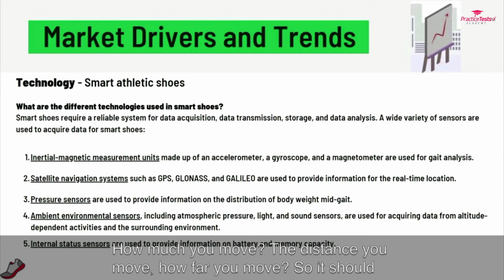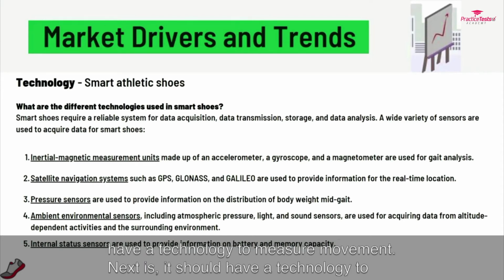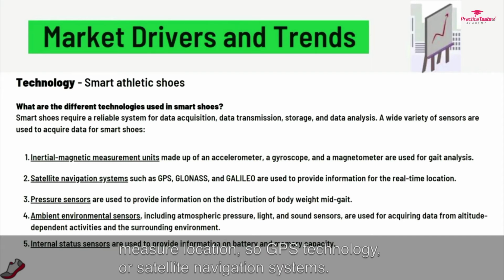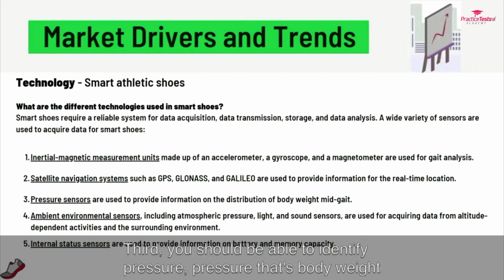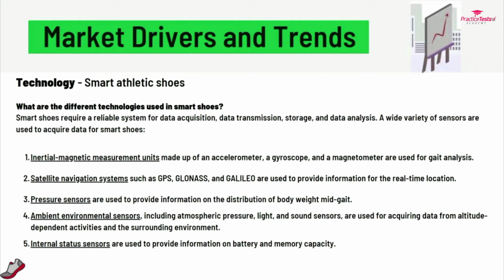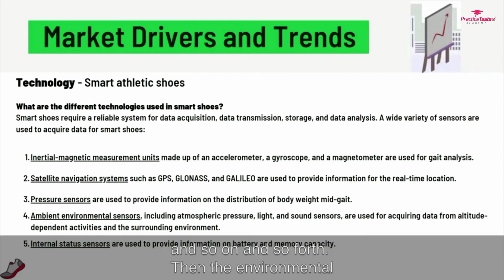Next, it should have a technology to measure location. So GPS technology or satellite navigation systems. Third, it should be able to identify pressure, that's body weight, and so on.